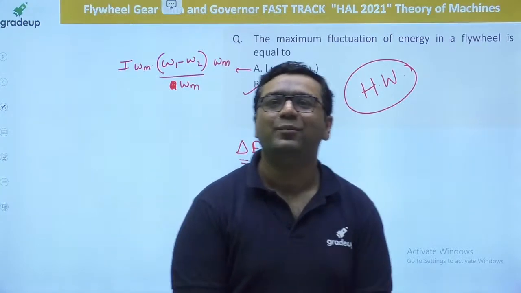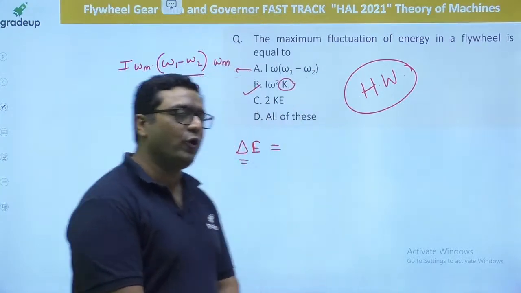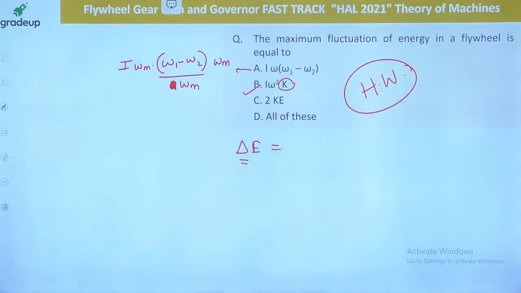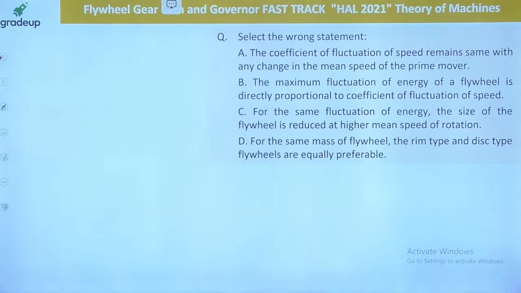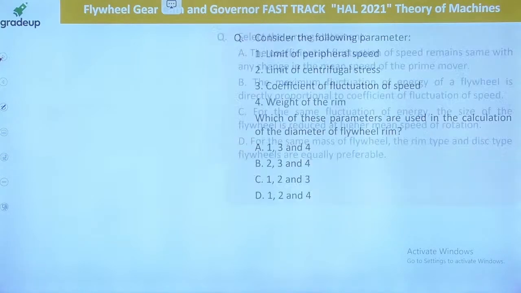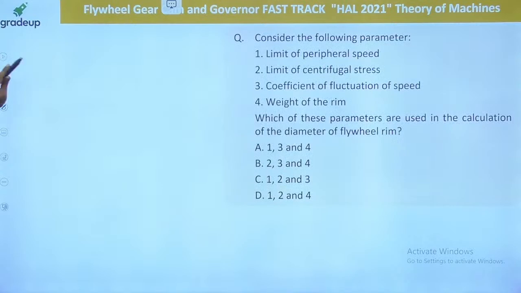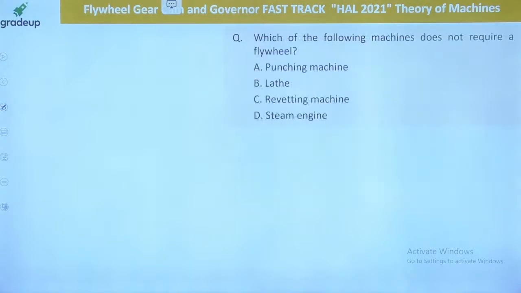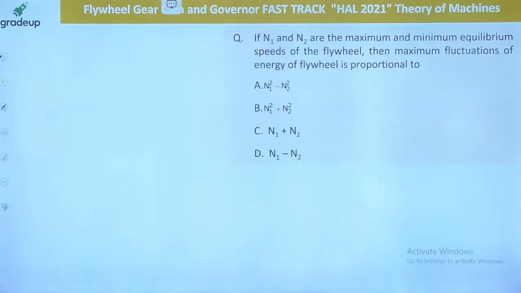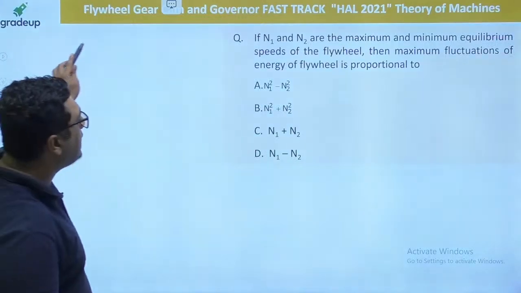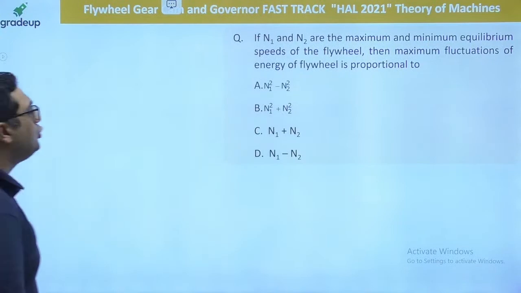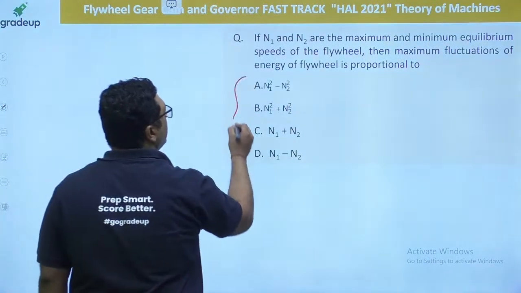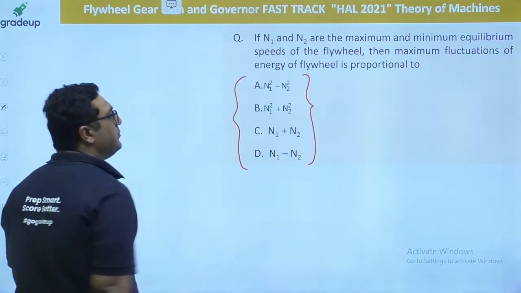Yes, very good. Many of you have already answered it. It is all of these. All of these will be the fluctuation of energy for sure. Wonderful. That also we have solved. Now it is asking about the maximum fluctuation of energy being directly proportional to what, if N1 and N2 are the maximum and minimum speed.